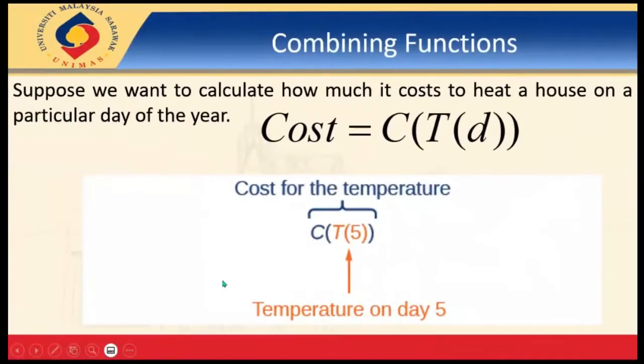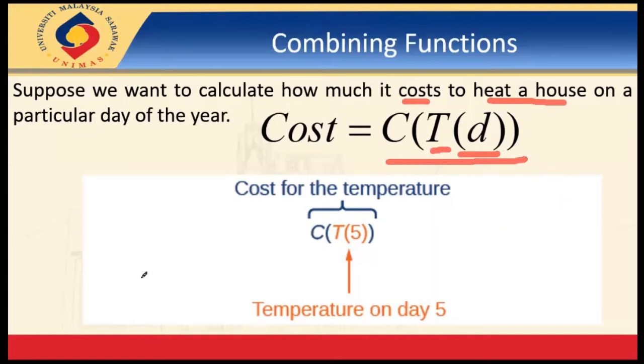Okay, combining functions. Combining functions means that we combine one function with another, or we put one function inside another function. For example, if we want to calculate how much it costs to heat a house on a particular day, the heat temperature of the day is one function, and then this temperature of the day is input to the cost function.